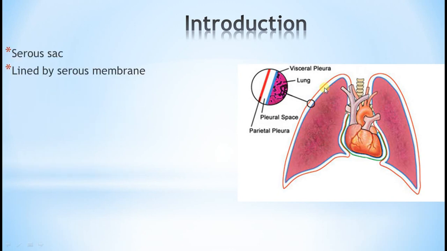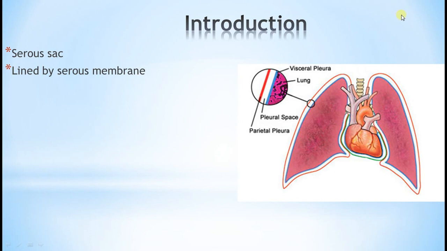Okay, and it is a serous membrane, which means the secretions are actually serous in nature. Originally it is a large sac, and which has been reduced because the lungs have actually come and occupied the space, but not inside the pleural sac.